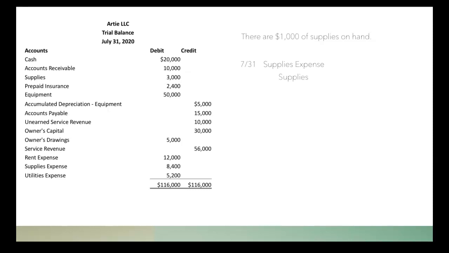That's going to be supplies. And so we will credit our supplies in this entry to decrease our balance in supplies, because we have used up $2,000 worth of supplies. So we need to show that our supplies balance is decreasing.